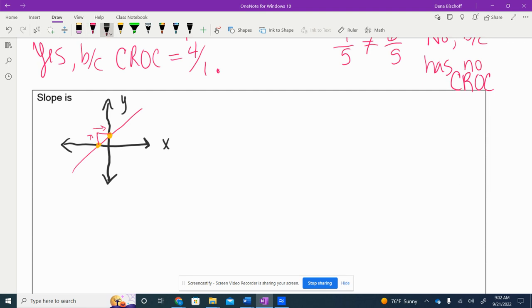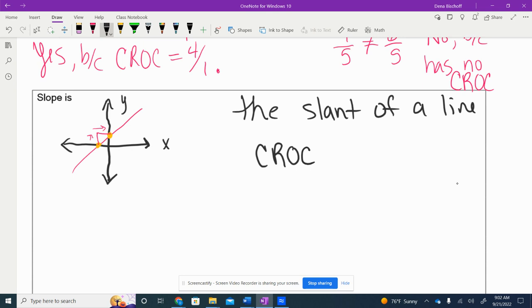Let's talk about some formulas. So the meaning of slope is just the slant of a line. We know that slope is also, we said, constant rate of change. We found the rate of change by taking the change in y over the change in x.